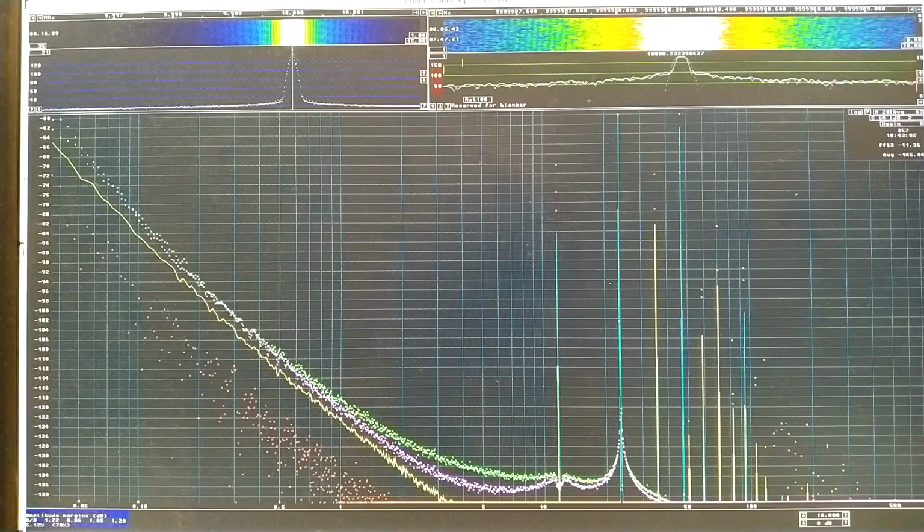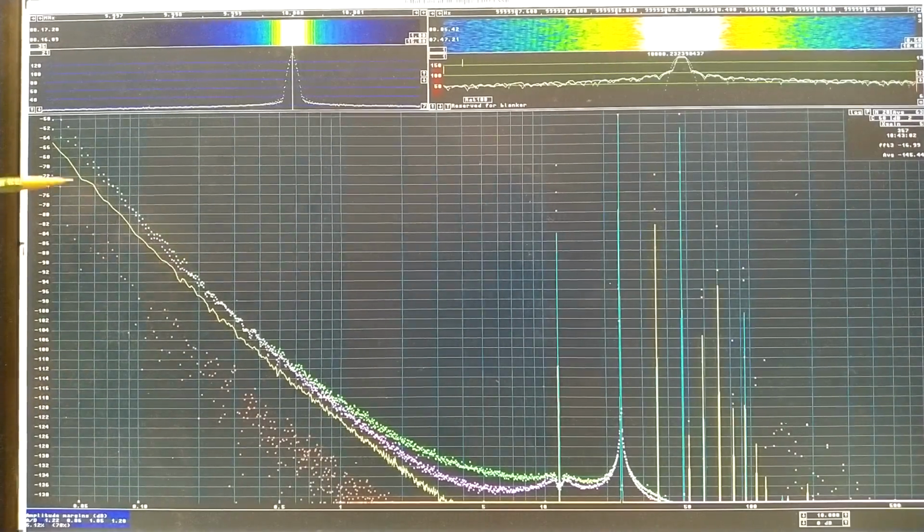And the noise has improved very much, contrary to the measurement at the frequency above 10 megahertz. You can see here that the yellow trace is clearly below the uncorrelated noises, while it was at the same place before. So there is a significant improvement.